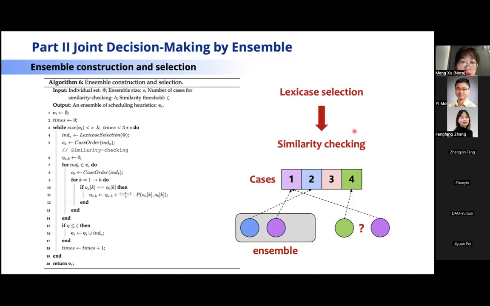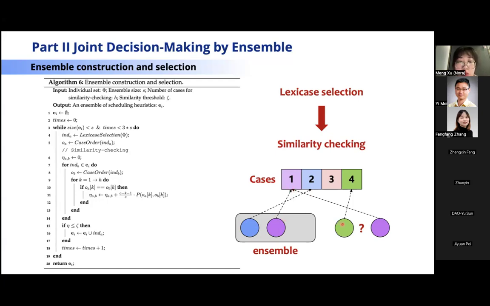That is to say, for example, consider the blue and the purple individuals in the current ensemble. The blue one is an expert for solving case 2, and the purple one is an expert for solving case 1.